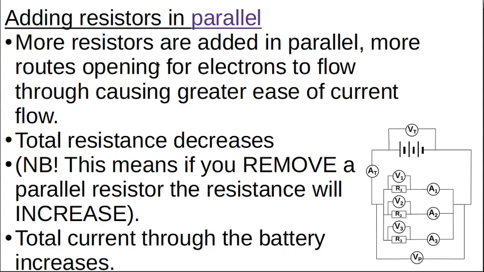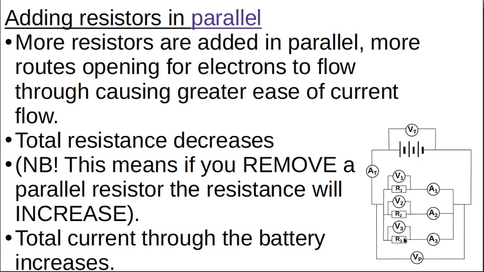If you add more resistors in parallel, the electrons have more routes to flow through, which means there's actually more current flowing with parallel resistors. And the more parallel resistors you have, the more the resistance decreases. This is a very hard thing to get your head around, but more resistors here is smaller total resistance when the resistors are in parallel.